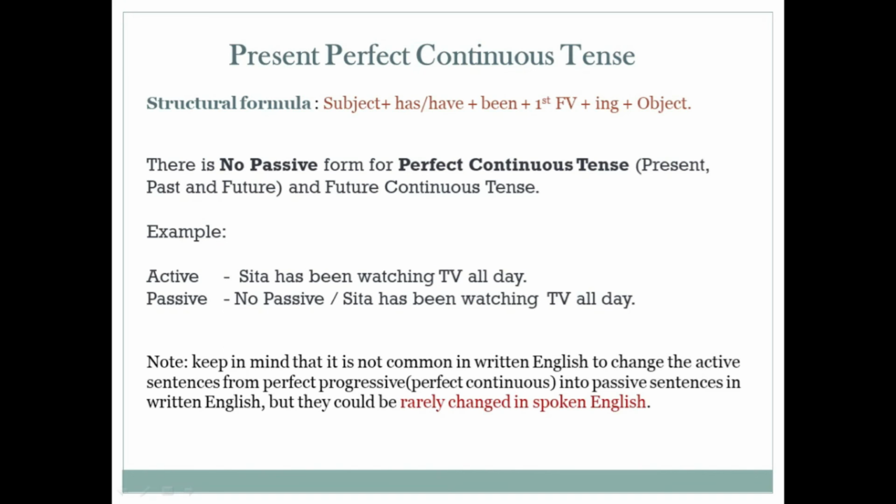But they could rarely be changed in spoken English. Passive forms of the perfect continuous tense are rarely used in spoken English, but never in written English. Do note that.